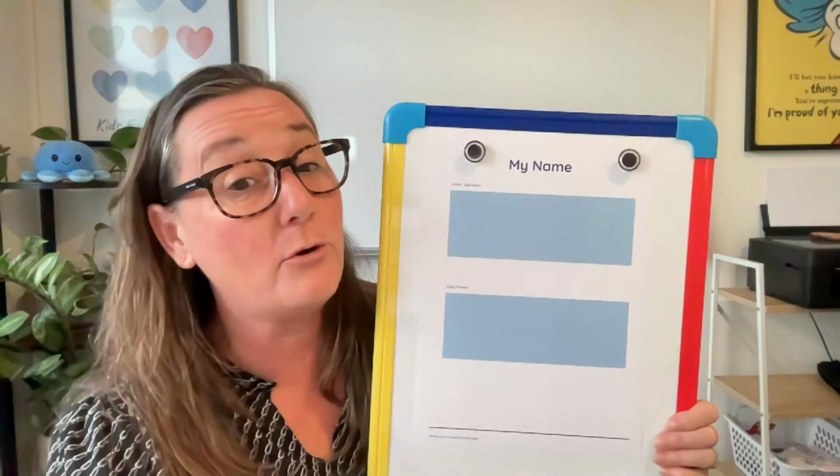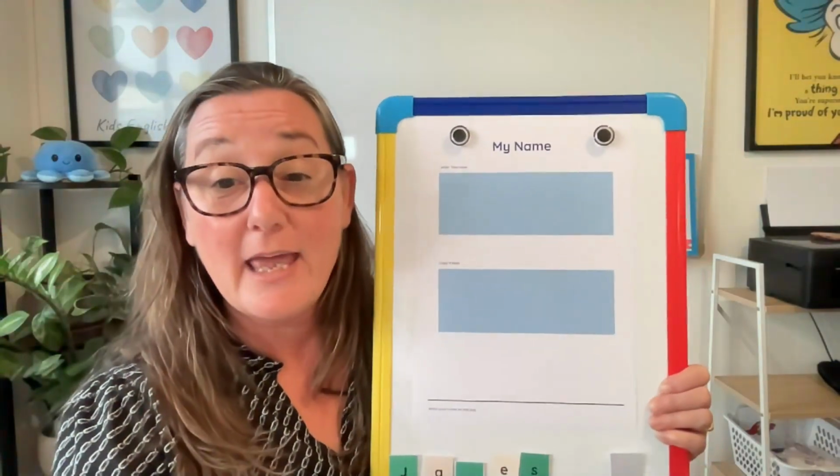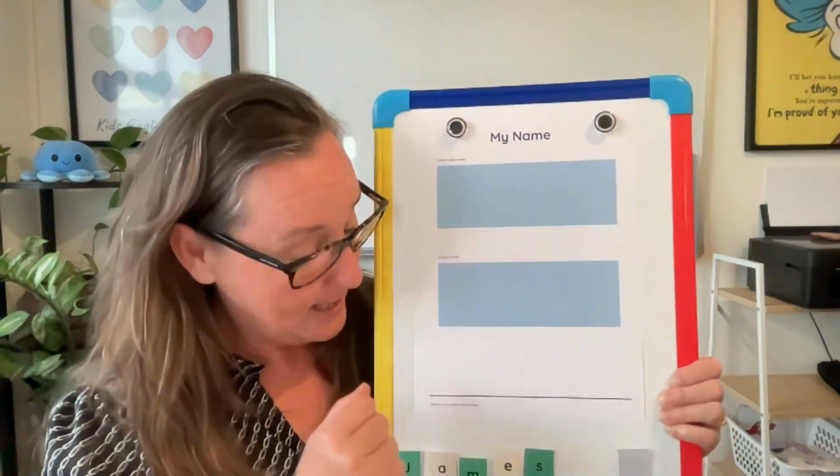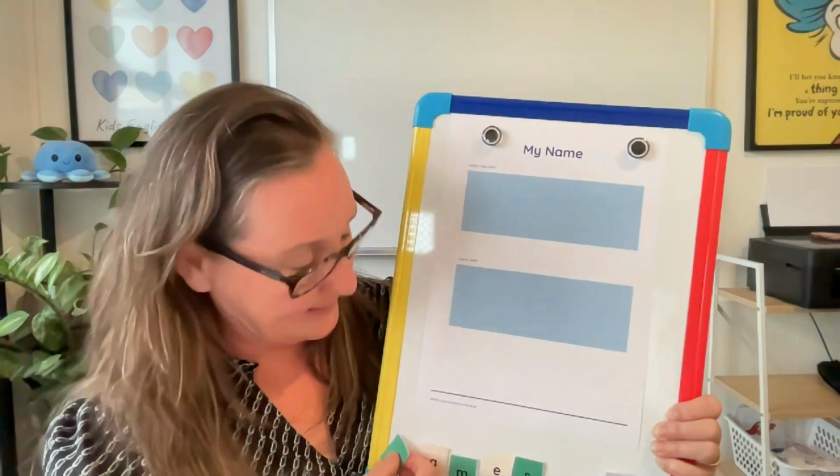So this is how you do it. If your child's name, I'm going to use an example, James, okay, we would say, James. Yes, your name is James. What's the first sound you can hear? J. That's right. And that's the letter J. And it looks like this.